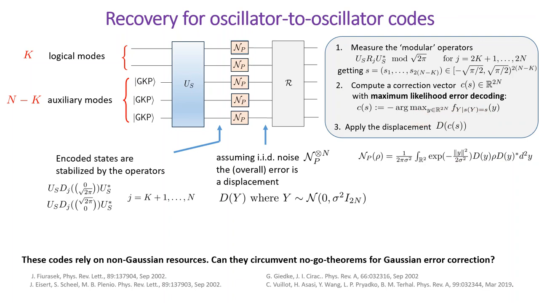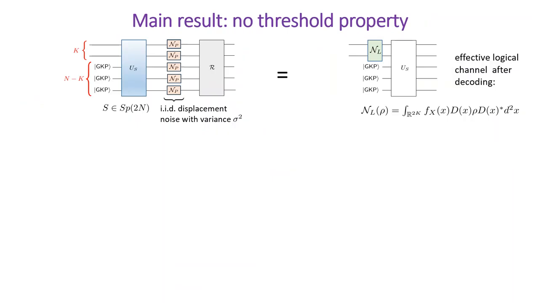This procedure gives rise to a logical error channel, which is a displacement noise channel with associated random displacement vector x. We are interested in the probability that this logical error vector is small, as measured by the Euclidean norm. That is, for an error tolerance epsilon, we are interested in the probability that this error has norm less than epsilon. I call this the success probability for tolerance or distortion epsilon.